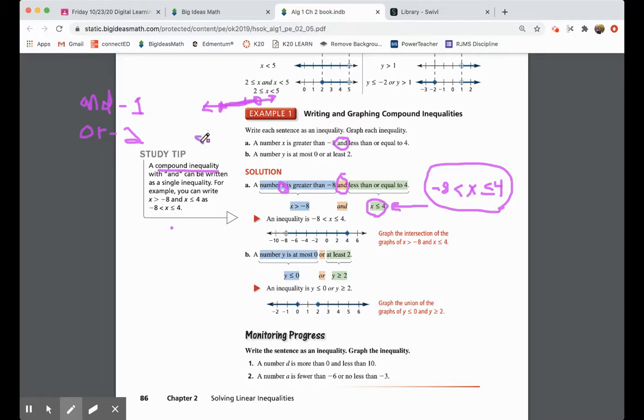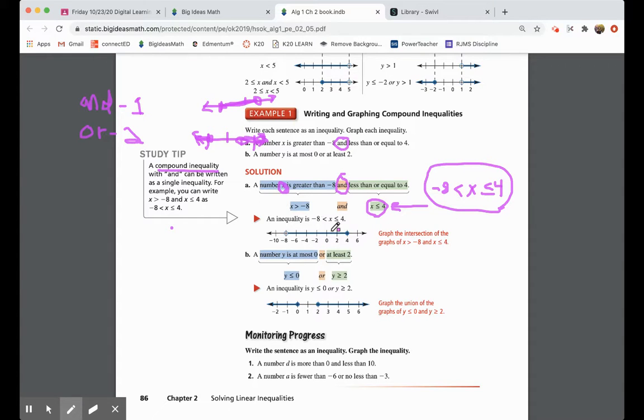For "or," you can draw another little makeshift graph. They go opposite because it could be one or the other. That will always be true.